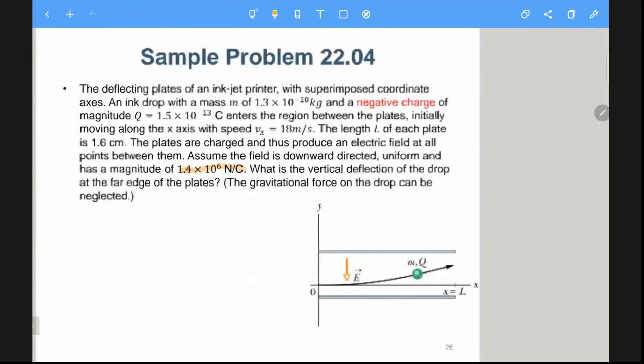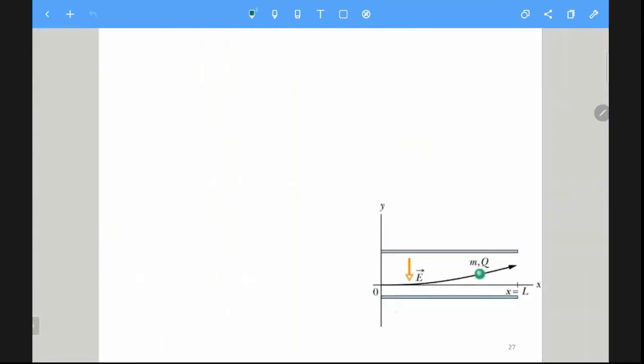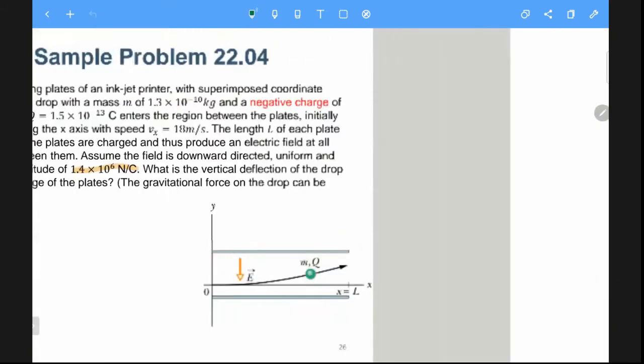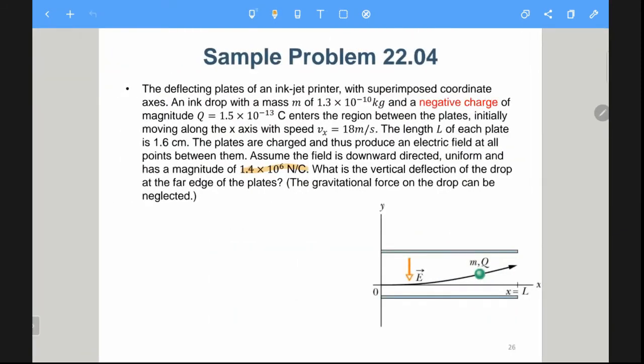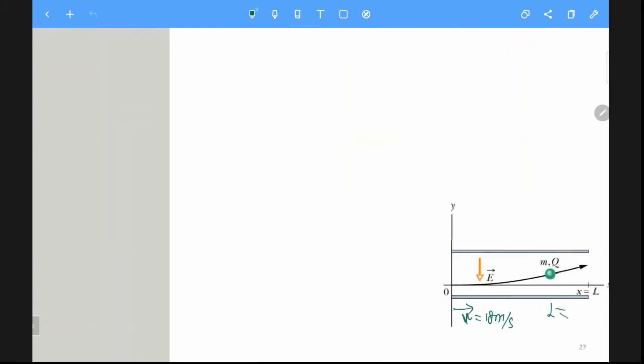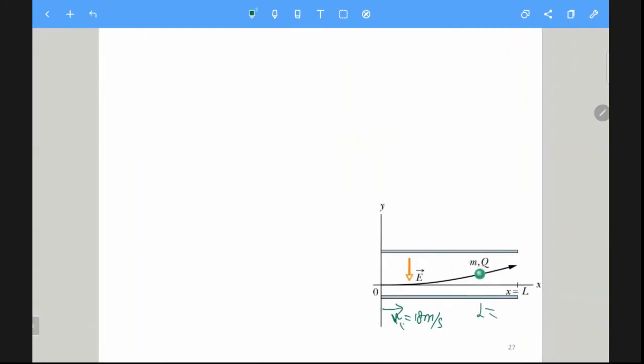So we know the x-axis velocity Vx is 18 meter per second, and the length is 1.6 centimeter. So we can calculate the time when the charge goes from here to here.